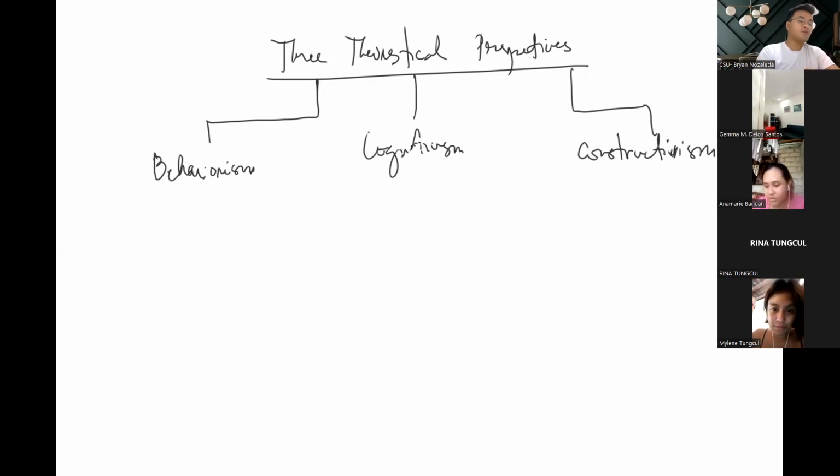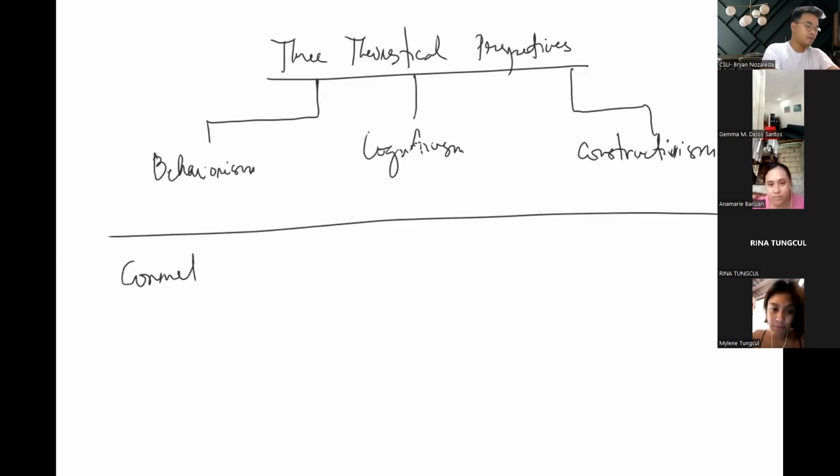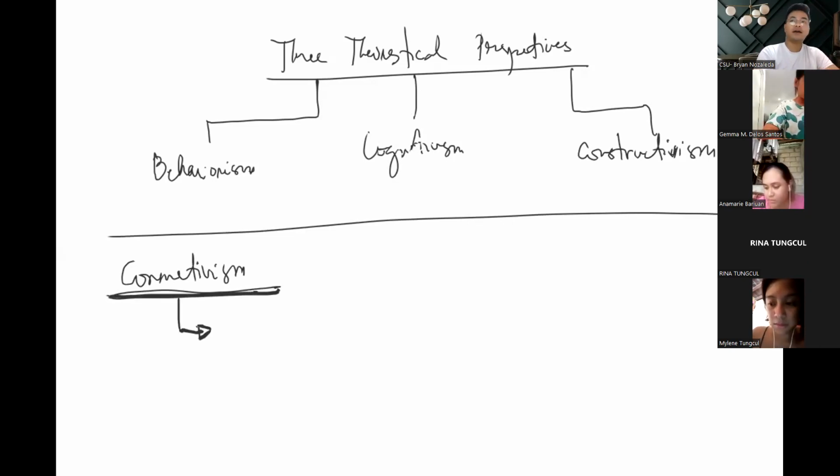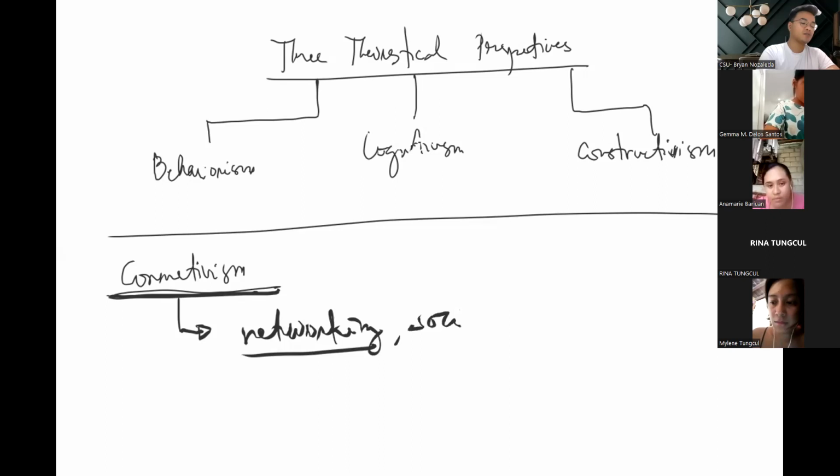Now, I would like to add another one, which is connectivism. Some books do not have this. So in a connectivism perspective, this is emphatic on networking, on socialization.